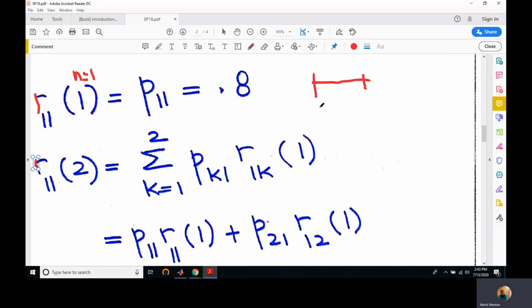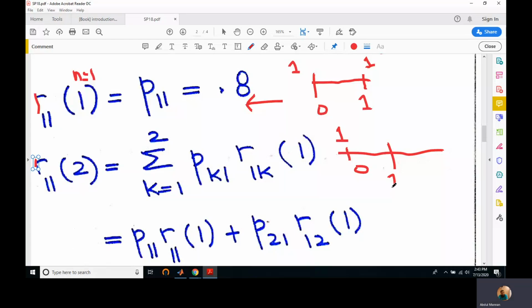Graphically, this means that I am at state number 1 at this time, and at the next time interval, what is the probability that I am at state 1? But what does R11 of 2 mean? It means that I am at state 1 at time 0.